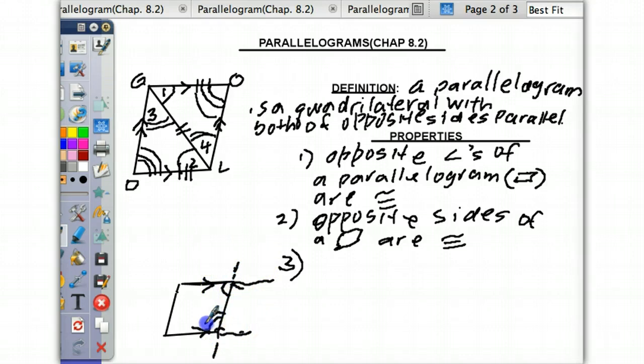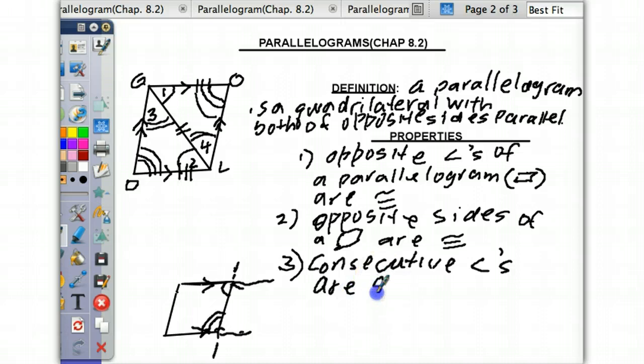Let me see if someone can remember that. Grant? Consecutive interior angles. So concerning a parallelogram, I can say that consecutive angles are supplementary. So that's what I'm going to write here: consecutive angles are supplementary.